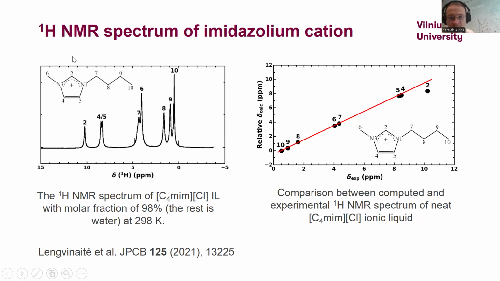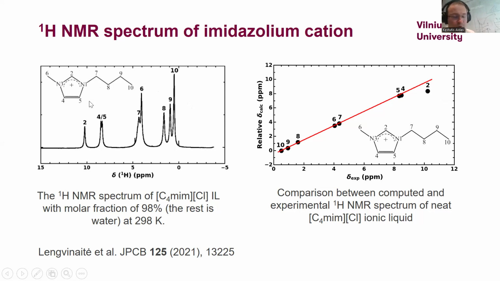Again, these were pretty hefty calculations because we had to include the entire first solvation shell of the central imidazolium cation in the QM part in order to get reliable results for the isotropic shielding constants of its protons.